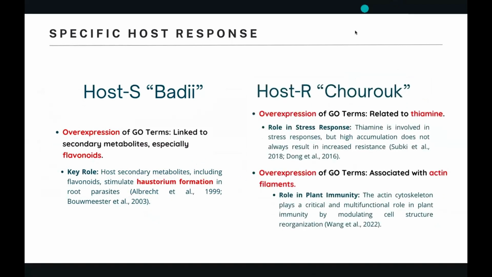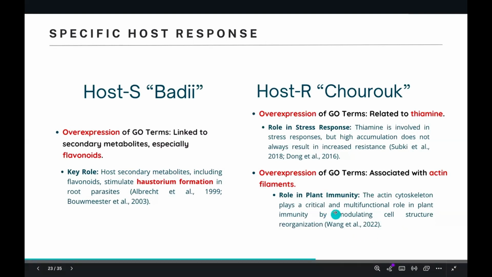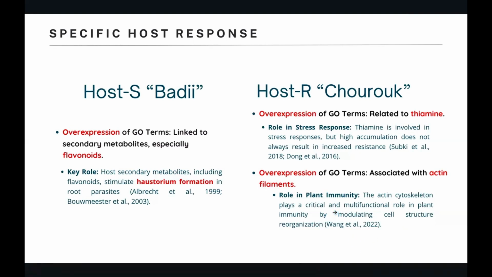While for the resistant host Shuruk, we observed the overexpression of gene ontology terms associated with thiamine, which plays a role in stress response, although its accumulation does not always translate into resistance. Additionally, actin-related processes, which are crucial for plant immunity through structural reorganization, were also overexpressed in Shuruk. This finding highlights the distinct molecular response between the two host varieties during Orobanche foetida infection.